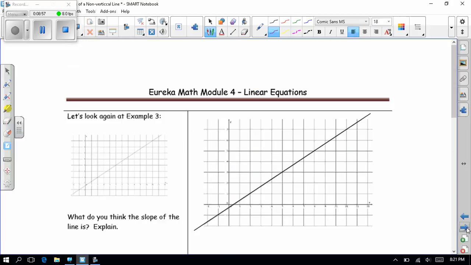Okay, the next example is kind of a repeat of what we just did. So what I would like you to do, looking back at example 3, is again create the similar slope triangles. If you would pause the video, go ahead and do that.